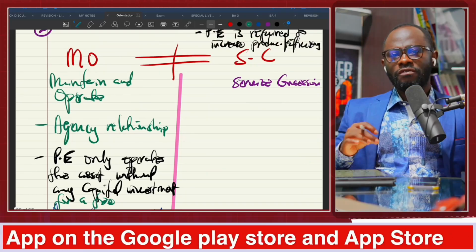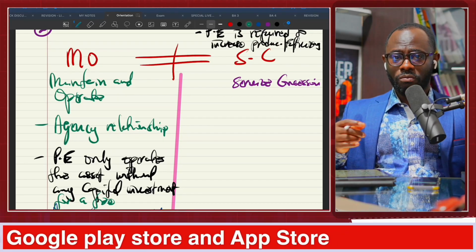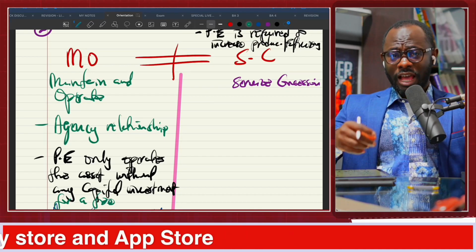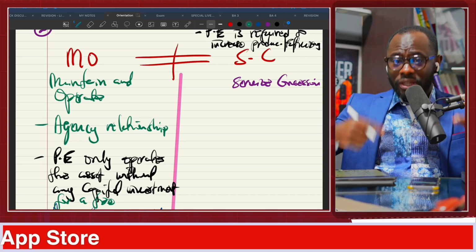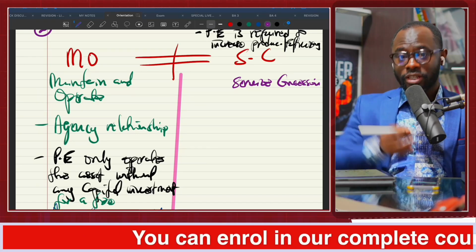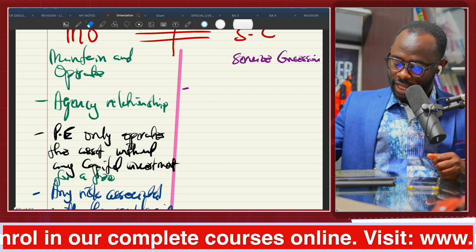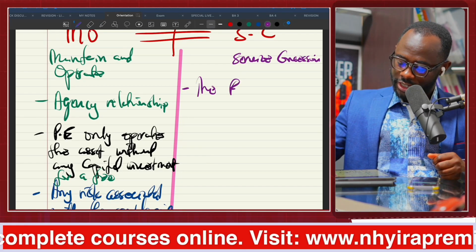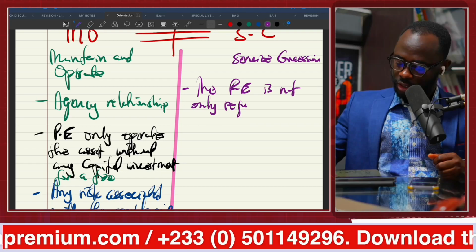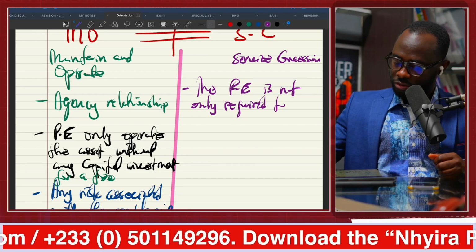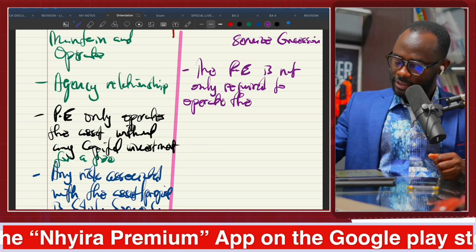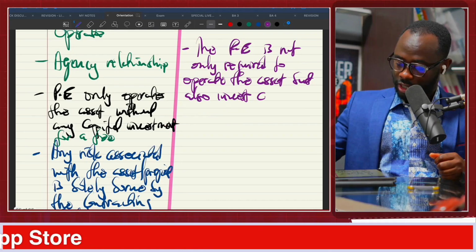So here the private investor or the private entity is required to both operate the asset as well as introduce capital. So you don't just operate it, you introduce capital.